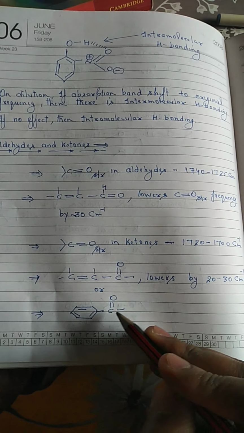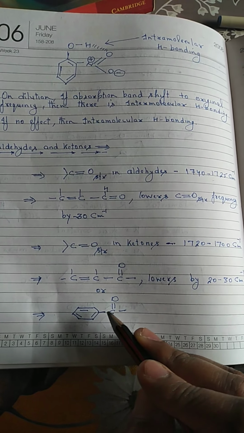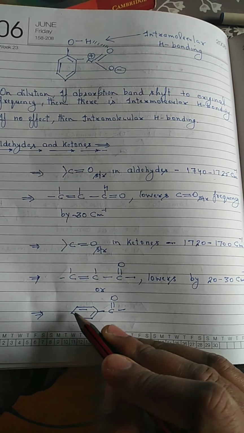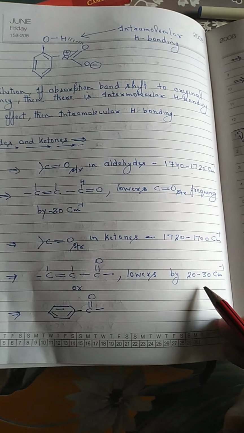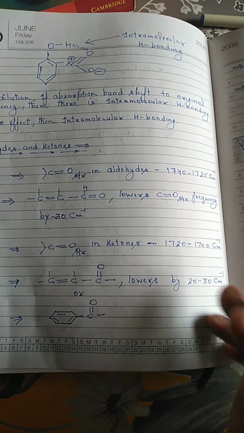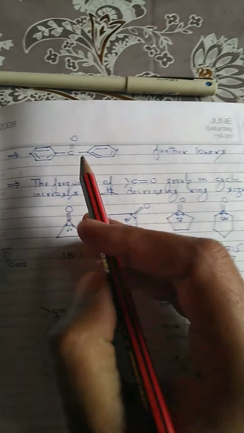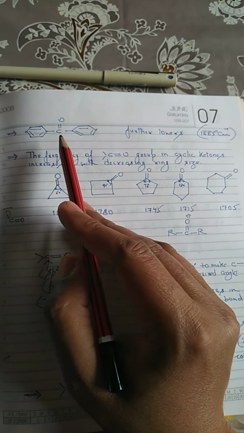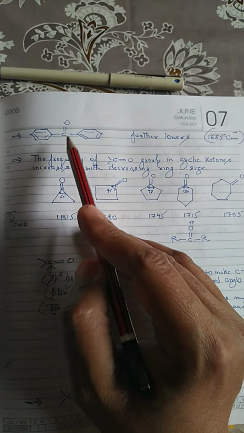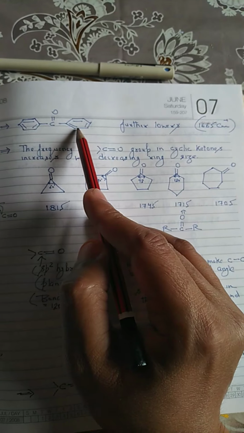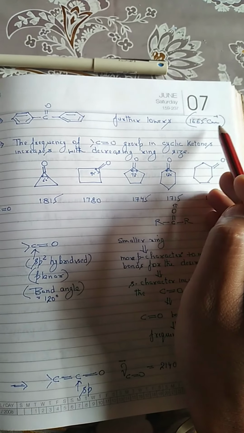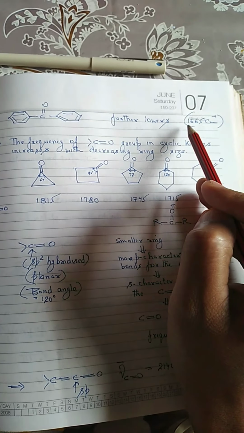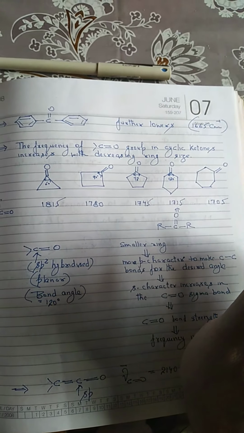Also, when the carbonyl group is in conjugation with a phenyl ring, the carbonyl stretching frequency decreases by 20 to 30 centimeter inverse. Here in this example, the carbonyl group is in conjugation with two phenyl rings. Therefore, the frequency further lowers and becomes 1665 centimeter inverse.